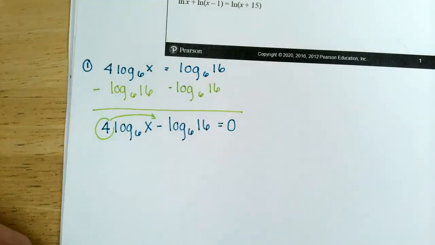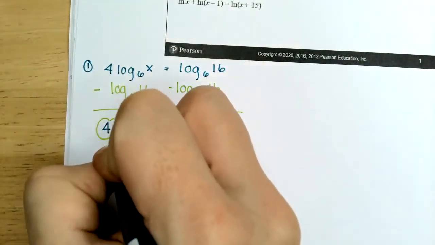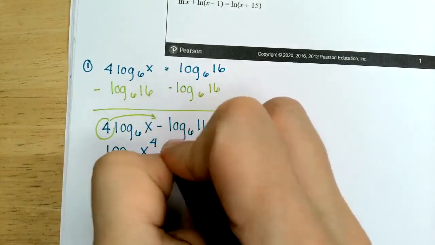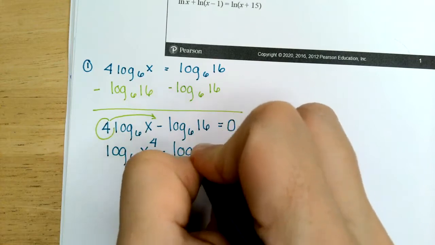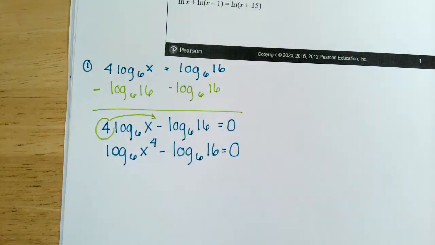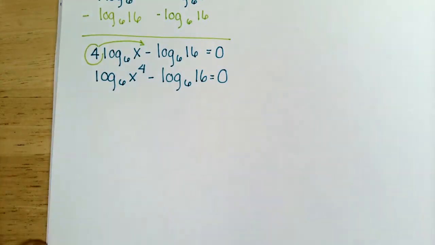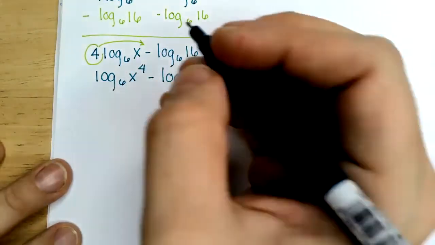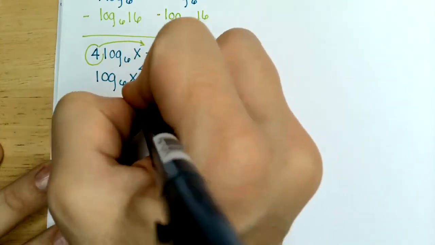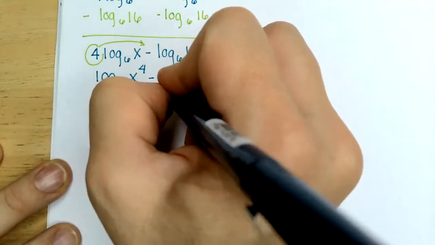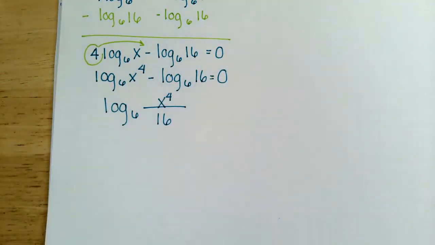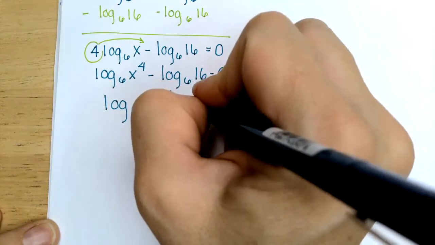So I'm going to rewrite that as the log base 6 of x to the 4th minus the log base 6 of 16 equals 0. All right, now I can change it to 1 division problem. Log base 6 of x to the 4th divided by 16. Good, equals 0.